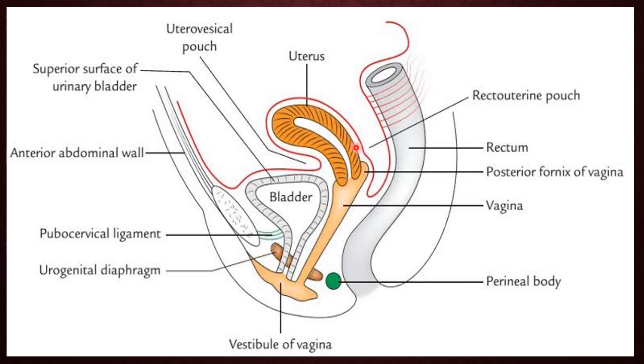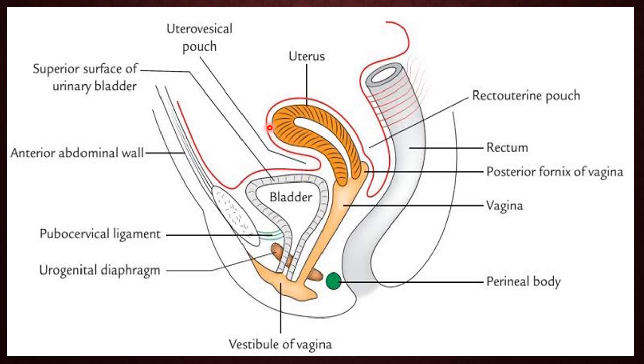The anterior surface is facing anteriorly as well as inferiorly, and in between the anterior surface of the body of the uterus and the urinary bladder we have a peritoneal fold.